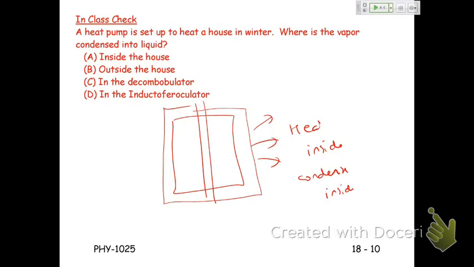So in this case, if I want to heat the house in winter, I want condensation in the house. If I wanted it to cool the house, I would have vaporization in the house.